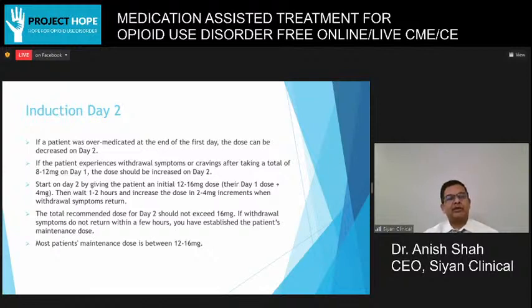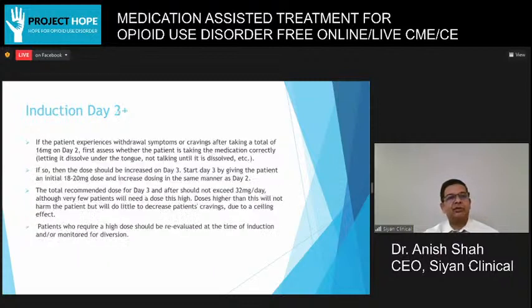The patient may go up on the dose if they have withdrawal symptoms and significant craving. Most patients go up to a 16 to 18 milligram dose on day 2. On day 3, if you see the patient is overly medicated, you can lower the dose. But if the patient still has a problem, we have kept going up.